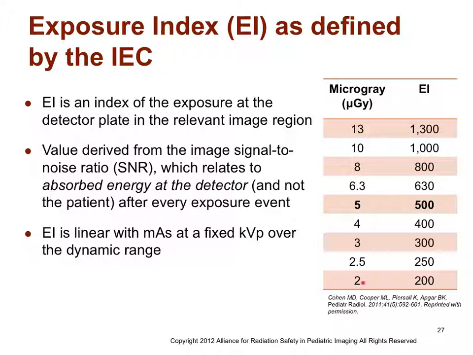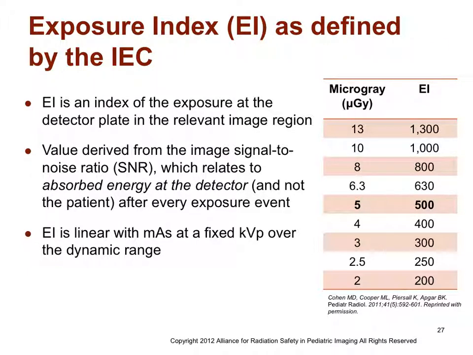So you can see what these values actually are in this case, and how they are set up. The system is considered to be proportional to dose. So 5 microgray corresponds to an exposure index of 500. This is not to be confused with the previous Kodak or Carestream system that also uses that EI value.